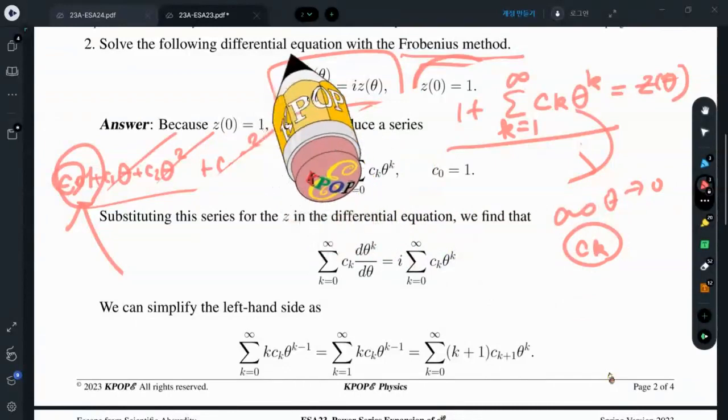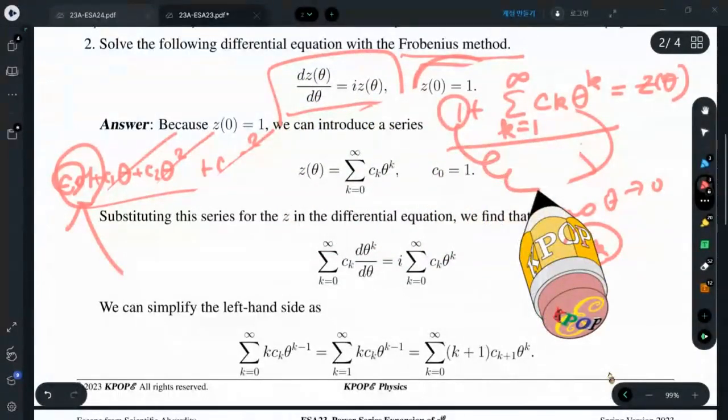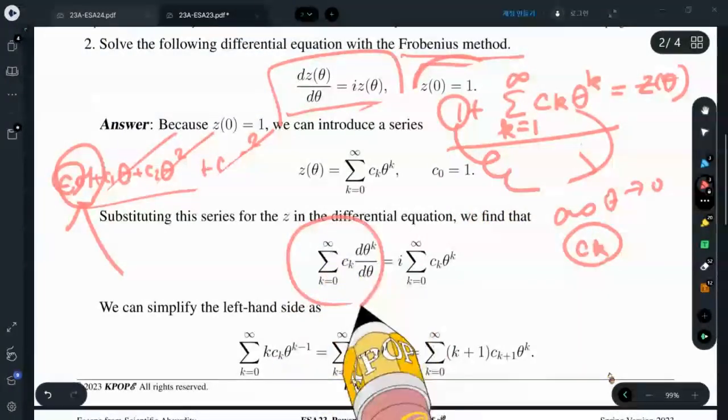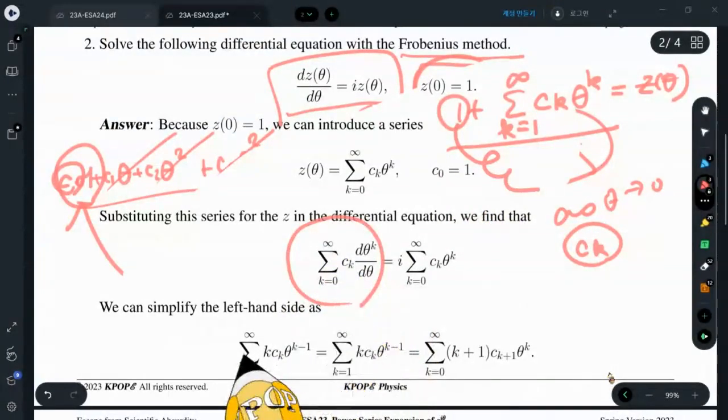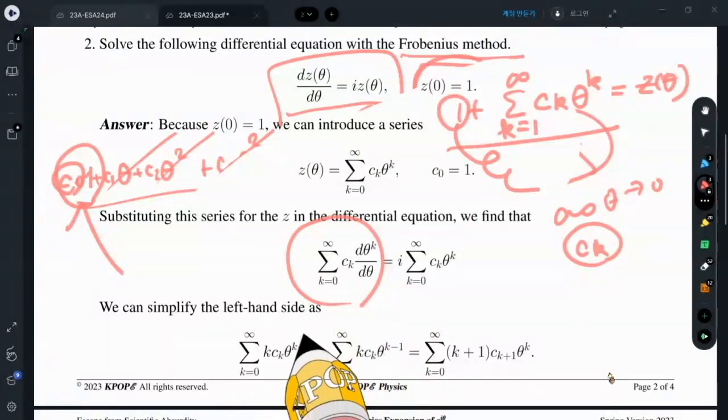First of all, the first order derivative removes this constant term, and this part will become, we have, this is starting from 0. As soon as you take the derivative, this k initial value, k equals 0, is being removed.